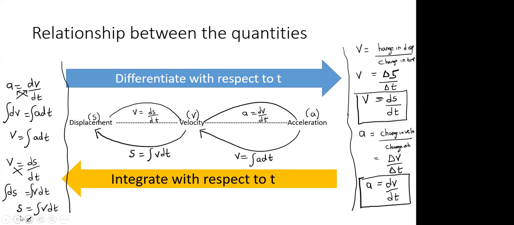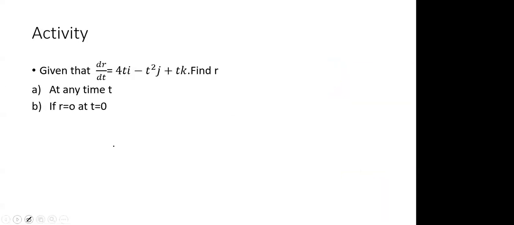Perfect. Now we can look at the first example. They are telling us that given dr dt is equal to that, find r. Always when you meet such questions, you first read it to understand what they want and in which format they want your answer. After obtaining that, you go on and start off your approach.